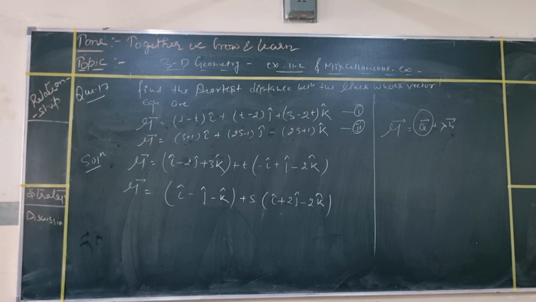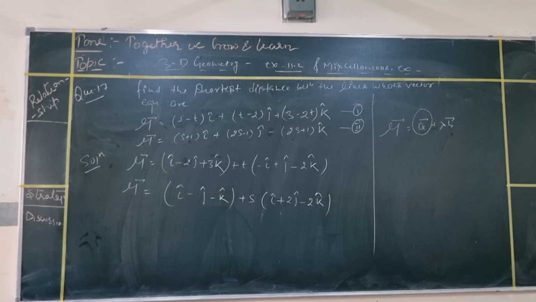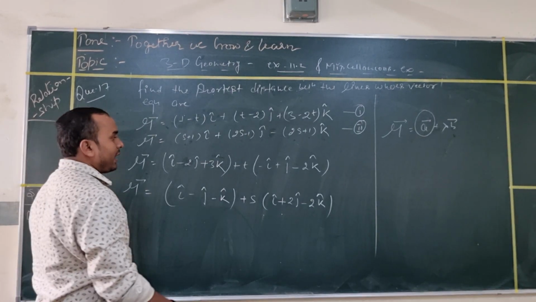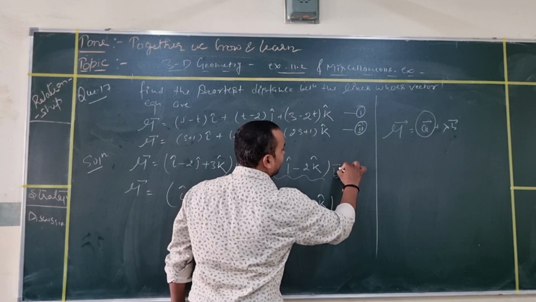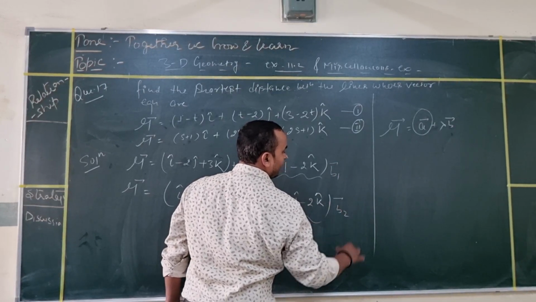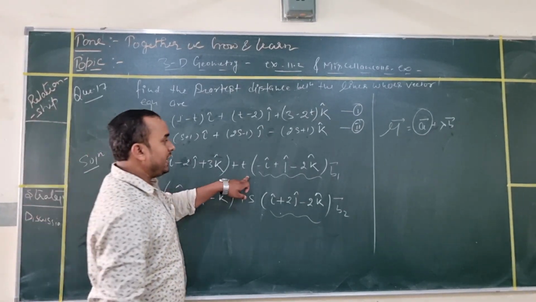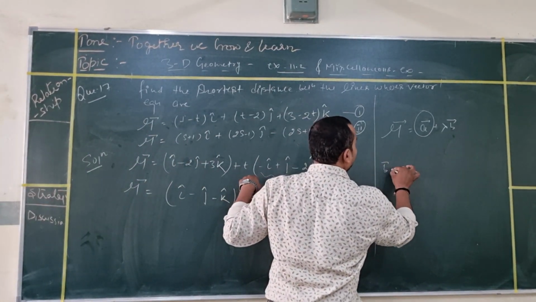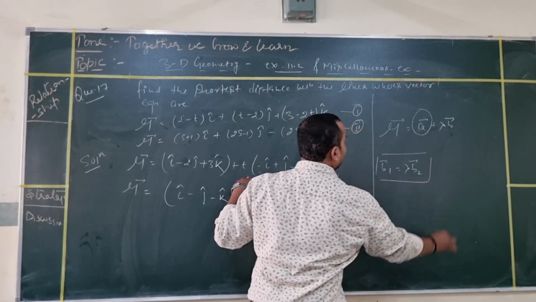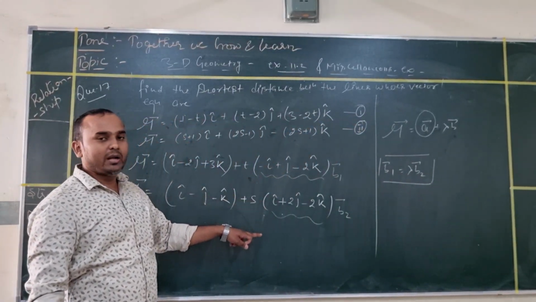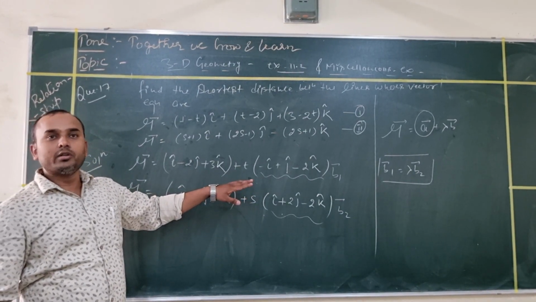First of all, we need to verify whether these two lines are parallel or skew. We find the direction vectors b1 and b2. If these two lines are parallel, then b1 can be represented as lambda times b2. Is there any relation between b1 and b2? There is no relation.